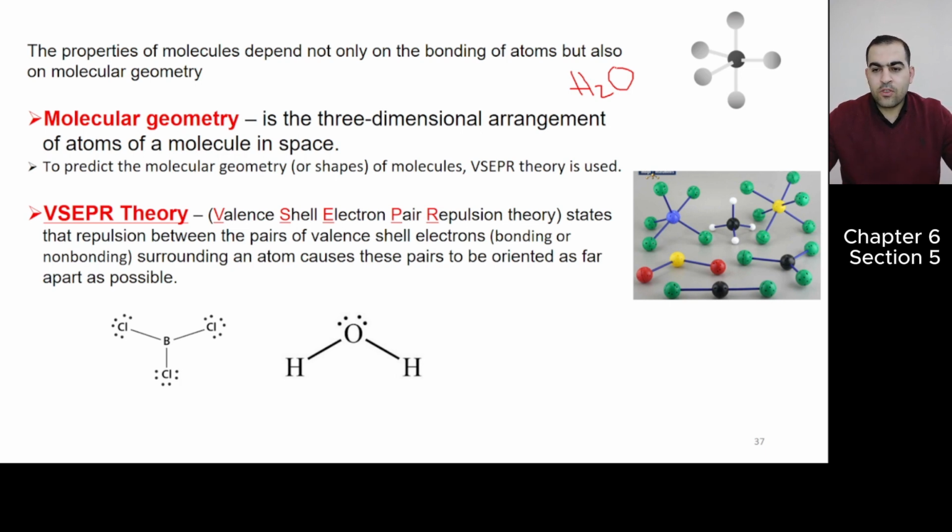So, properties of molecules. We learned about properties of molecular compounds because molecules make molecular compounds. We said some have a high boiling point, some a low boiling point, compared to ionic compounds, right?